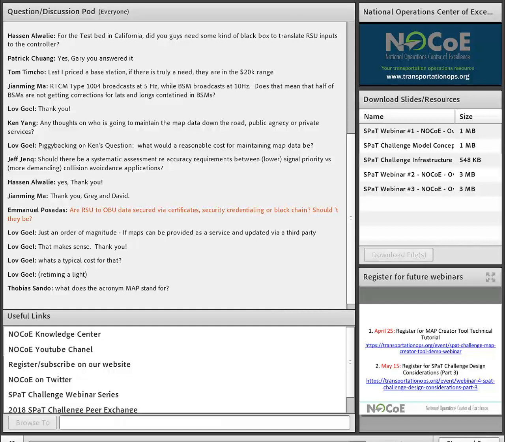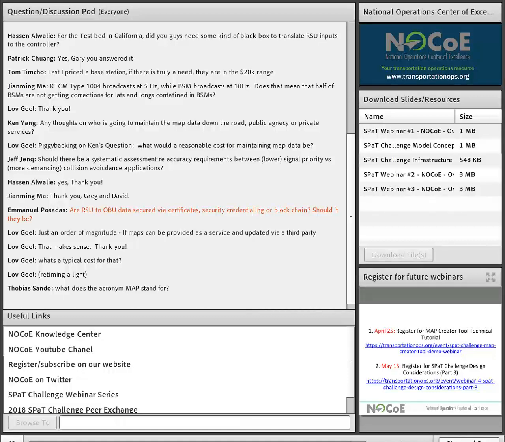This is a conversation that we've had with the auto industry. Right now we're only planning on providing that correction at intersections and maybe some limited other locations, but don't they need it everywhere? Some of the car companies say yes and some say no.